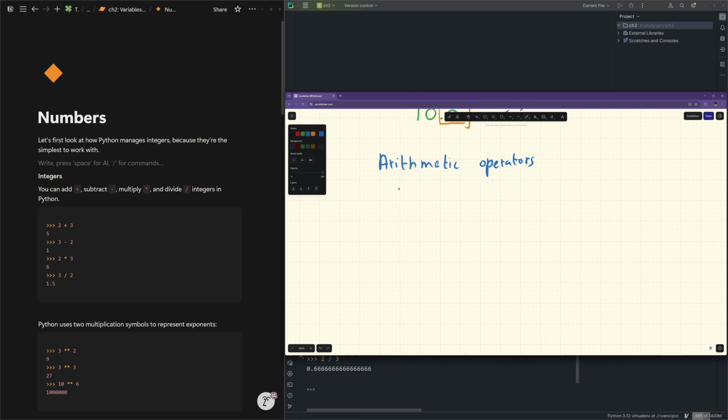Most of them you already know, such as plus, minus, multiplication, and division. So let me write them down. Plus, minus, and then asterisk for multiplication, and finally forward slash for division. Now there are a few more that we will look at, but this is what you need to know right now.